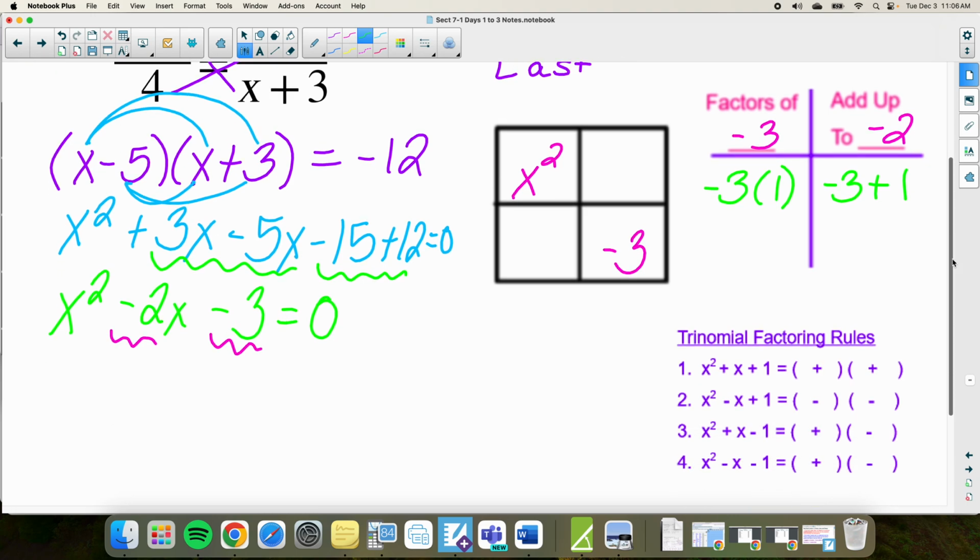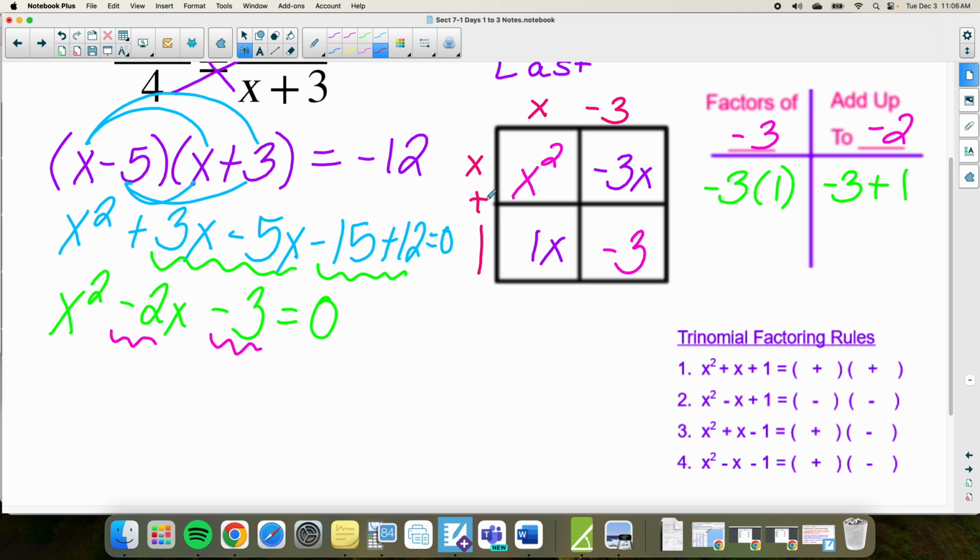So now what we're gonna do is we're gonna put a negative 3x in one box and a 1x in the other box. And then we're gonna decide what do we have to multiply. So what times what gives us x squared? That's x and x. What times x gives us negative 3x? That's a negative 3. x times what gives us 1x is 1. And in between that is a plus that we would put.